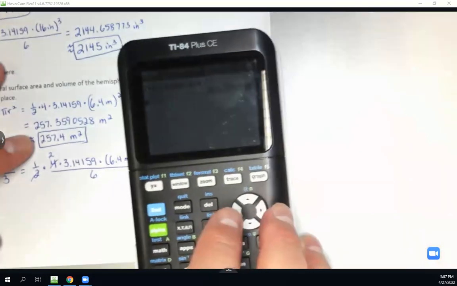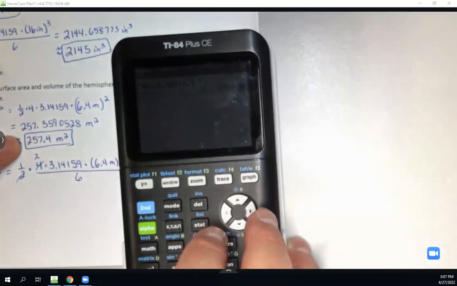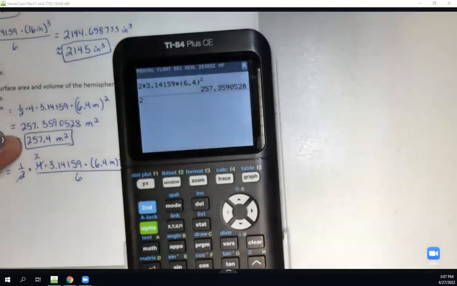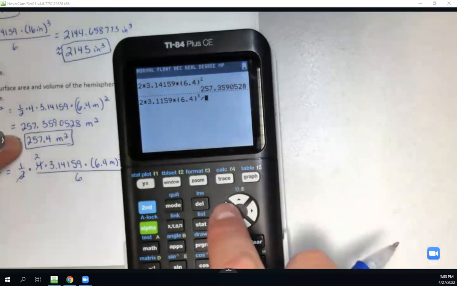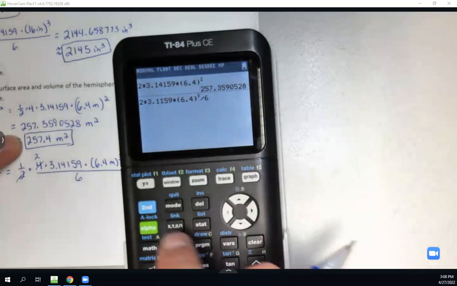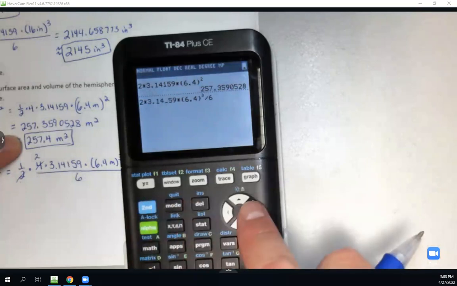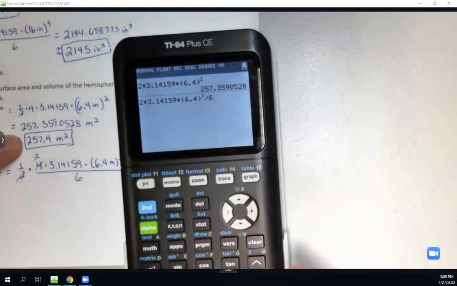So I have 2 times 3.14159 times 6.4 cubed, and then all of that gets divided by 6. Okay, had to correct my calculator there.